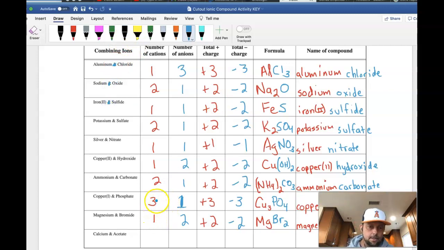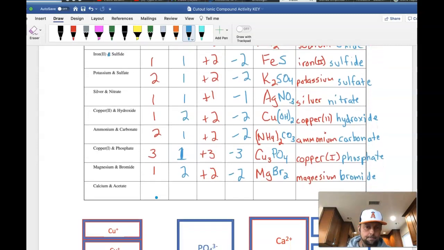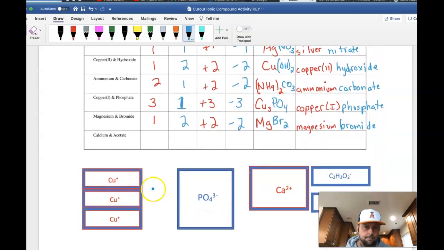The last one on this sheet is calcium acetate. If you look at my squares on the right, I'm going to need a single calcium ion to make the heights match up, 2 acetate ions, and those charges are going to be -2 for the 2 acetates, +2 for the calcium, and that gives me Ca(C2H3O2)2.